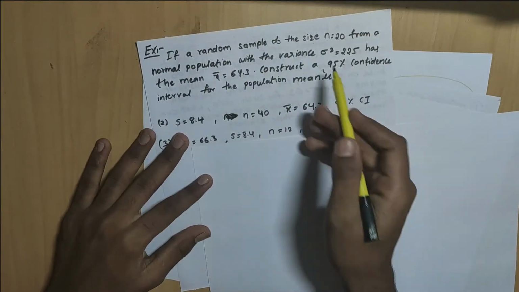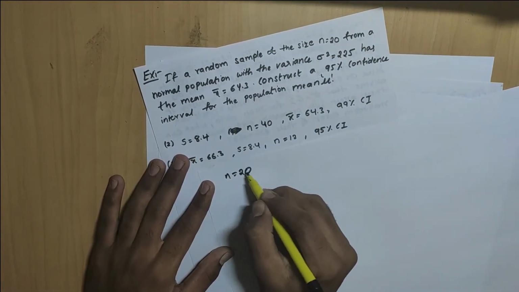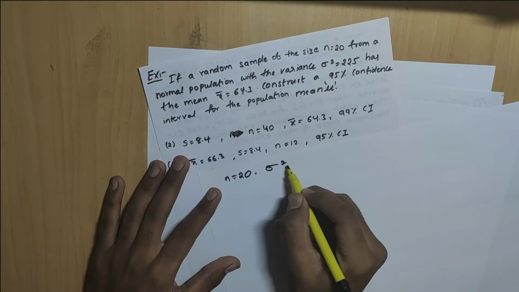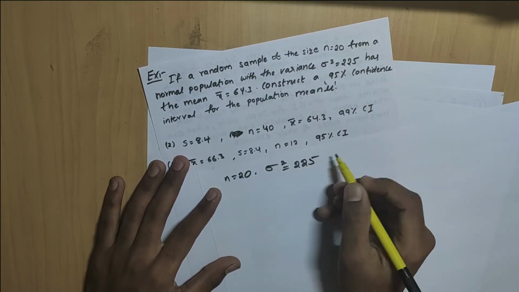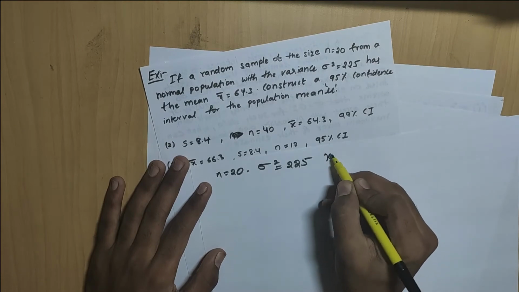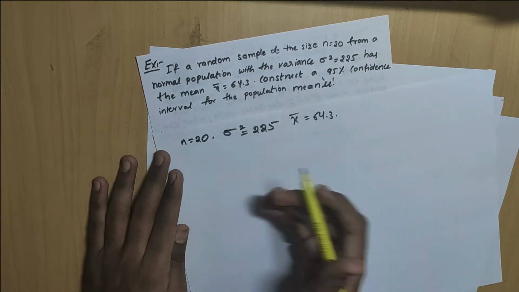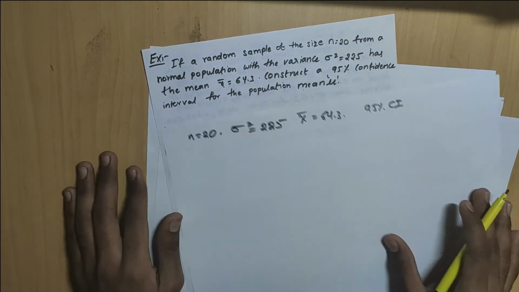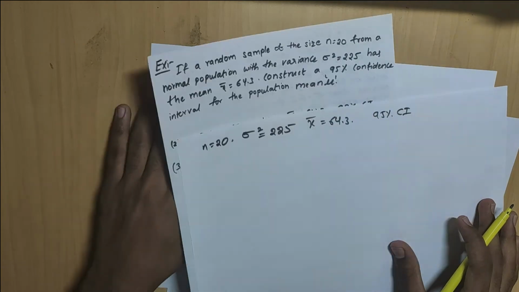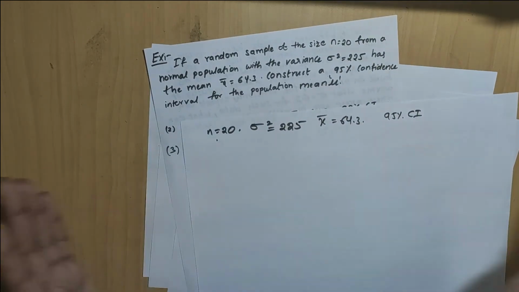Here it is given n is 20 and sigma square is 225 and x bar is 64.3, and here 95% confidence interval is given. I already told you that whether n is greater than 30 or less than 30, we don't need to think about it.